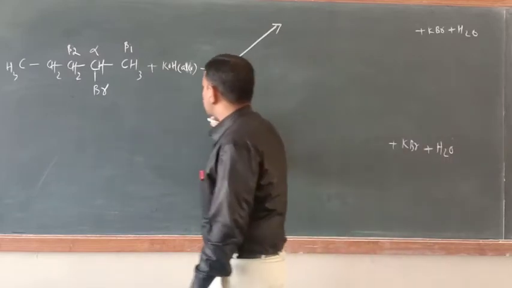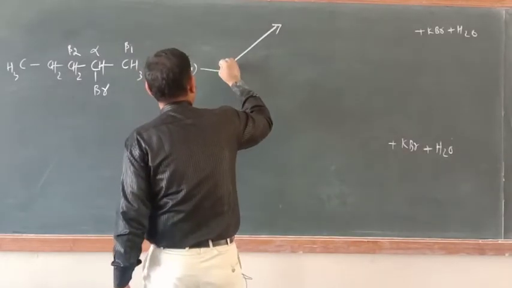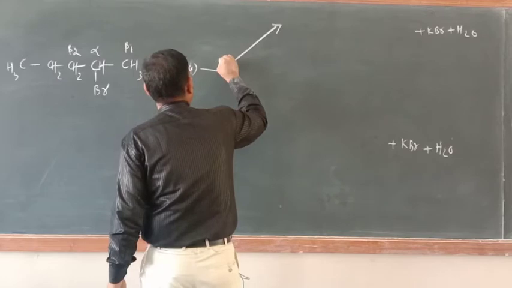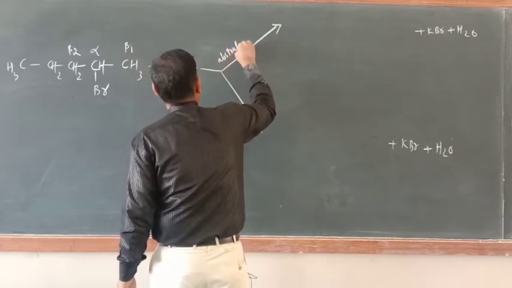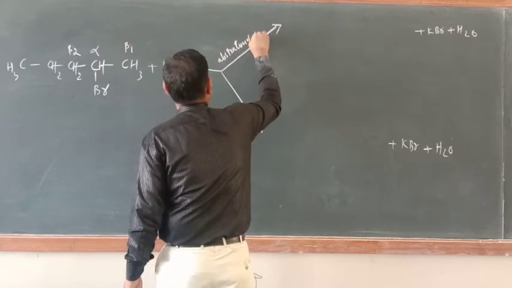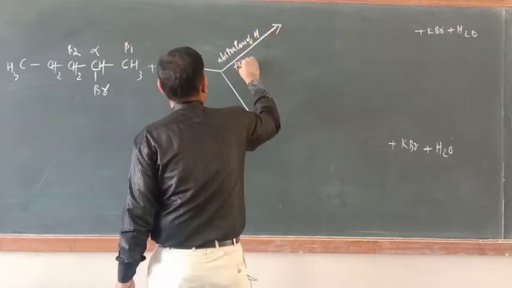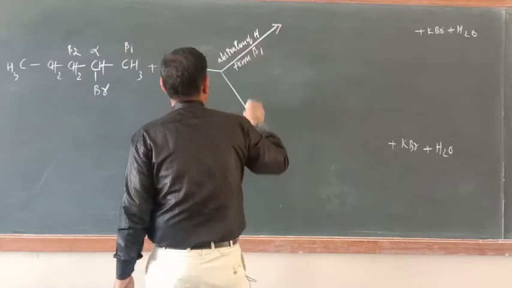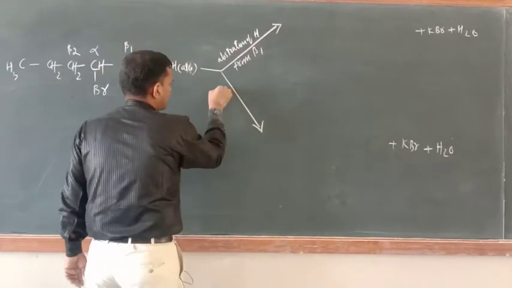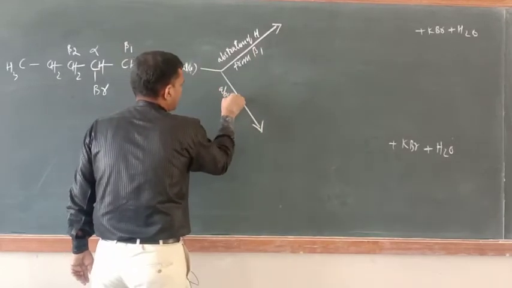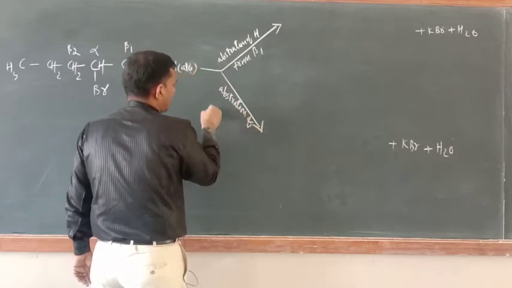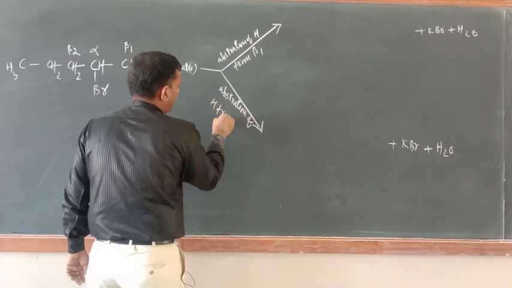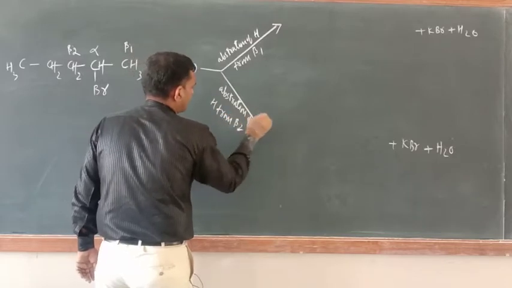Now suppose here write abstraction of H from beta 1. Here also abstraction of H from beta 2. Okay.